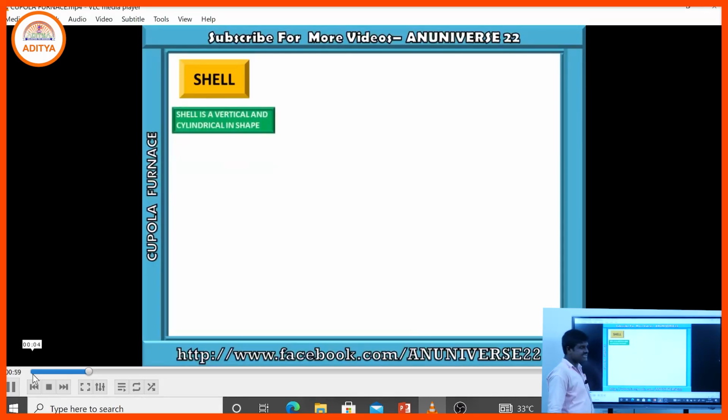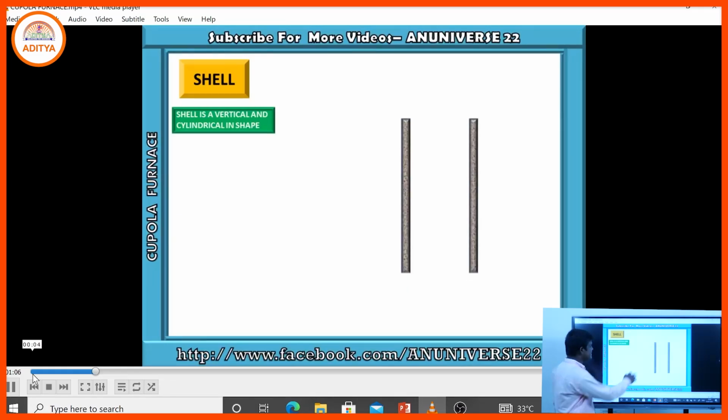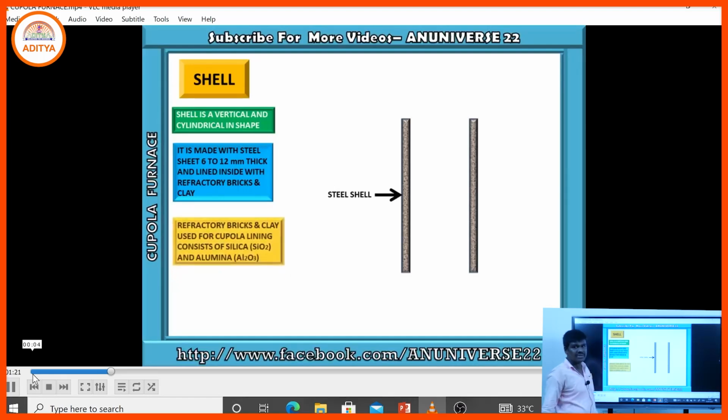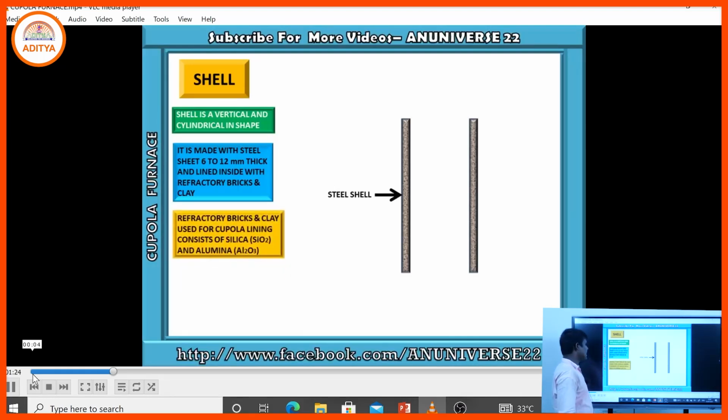First, we are discussing the shell. The shell is vertical and cylindrical in shape. Generally it is a vertical column made of steel shell, because it is a corrosion resistant material. Generally the thickness of the steel shell is 6 to 12 millimeters, and the lining is made of bricks or bricks and clay, so it withstands the higher temperature during melting.